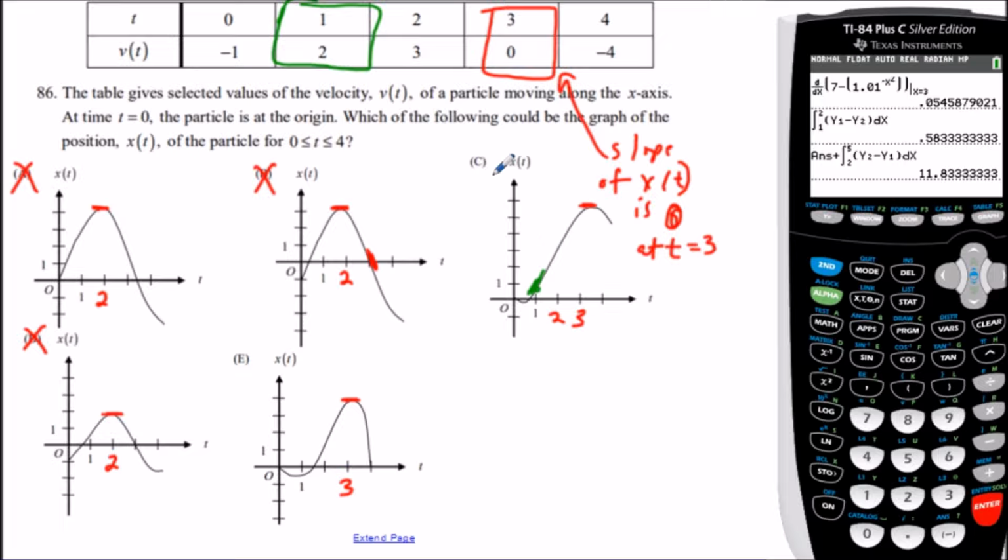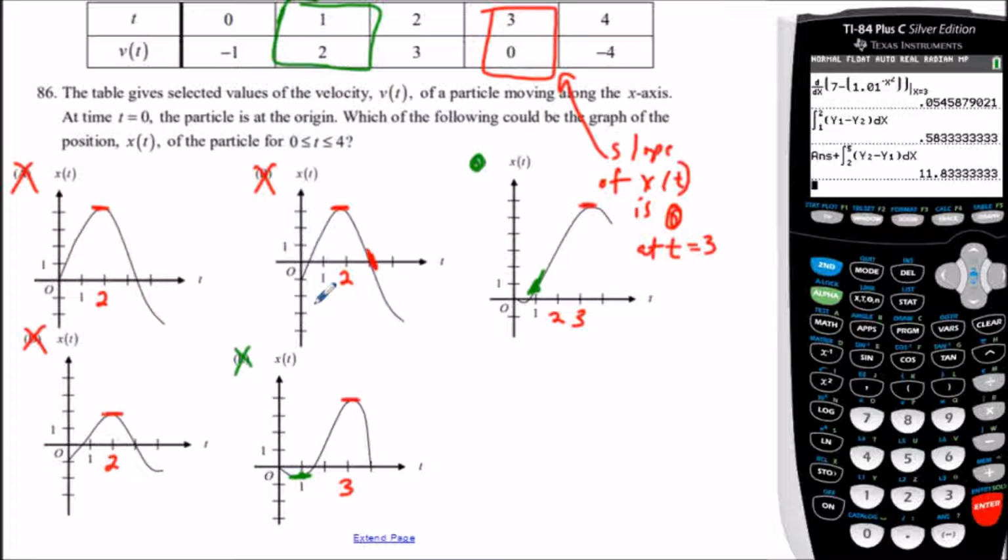So this one looks like it could still be it. But when we look at this answer choice down here, at this location it's almost a 0 slope. So we're going to cross off choice E and say choice C, because a slope of 2 is more visibly accurate here for choice C than it is for this one.